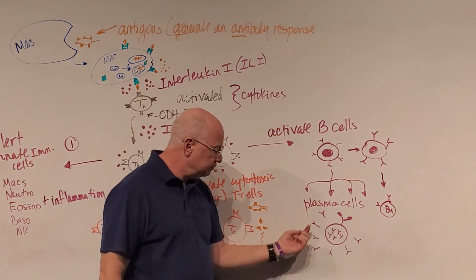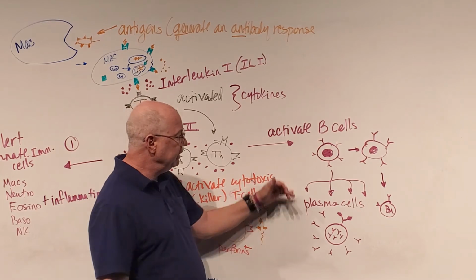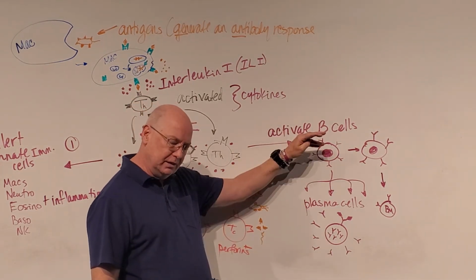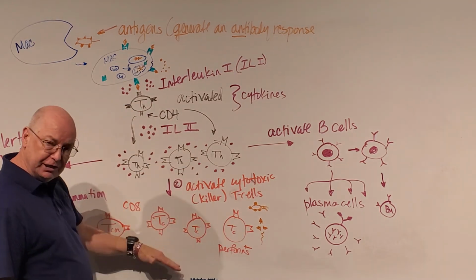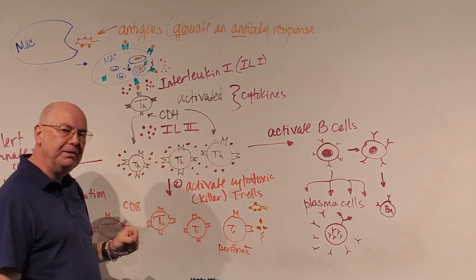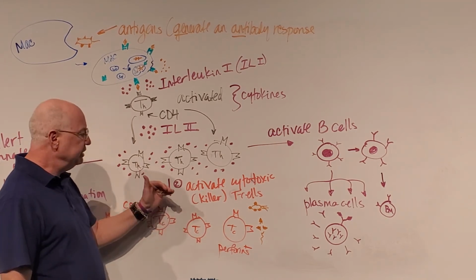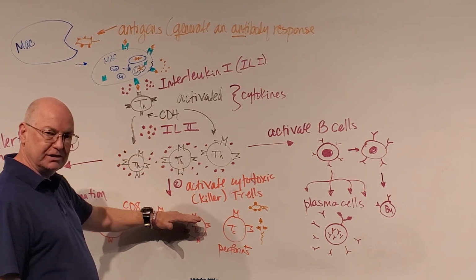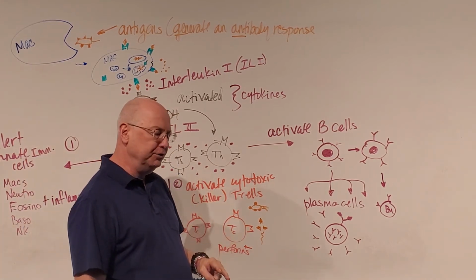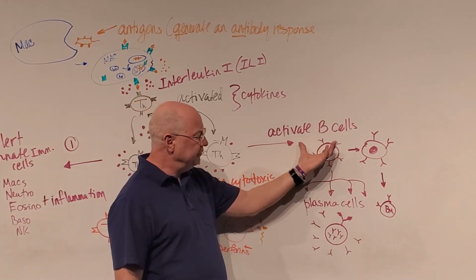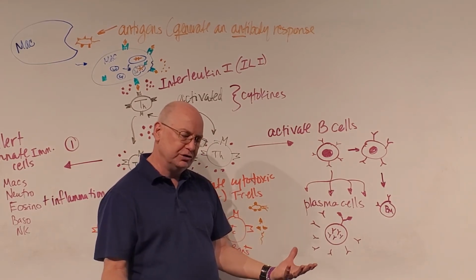Well, because these antibodies are released into the body fluids, the humors of the body, this is called humoral mediated immunity. Cellular mediated immunity involves the cytotoxic T cells being activated. Humoral mediated immunity, or humoral immunity, involves the B cells releasing antibodies into our fluids, the humors.